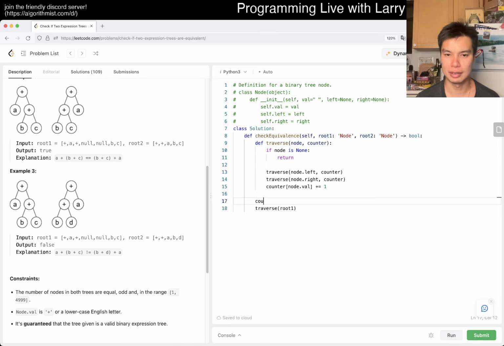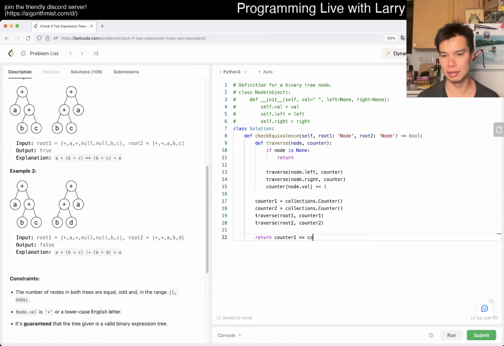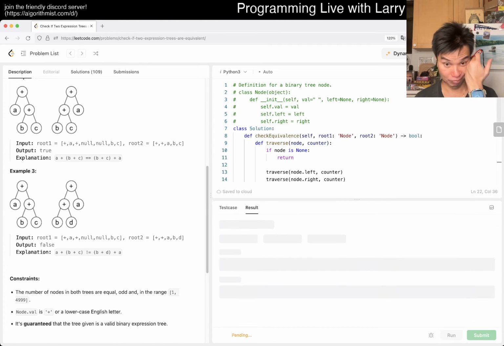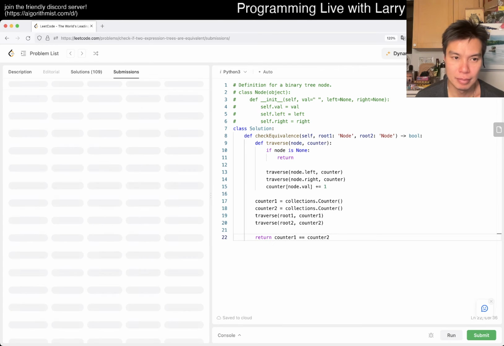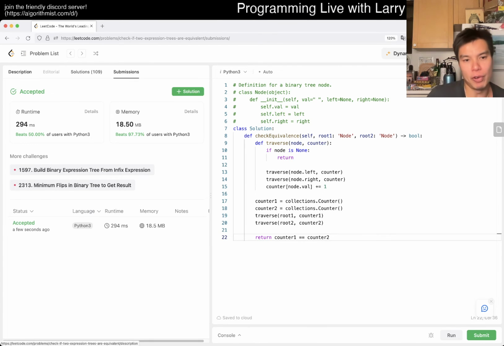Let's say counter one is equal to two. Right, so then we just return counter one, and that should be good. Let's give it a submit. Yeah, pretty straightforward.